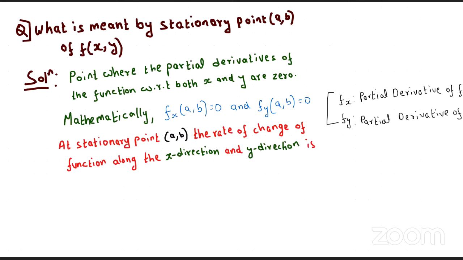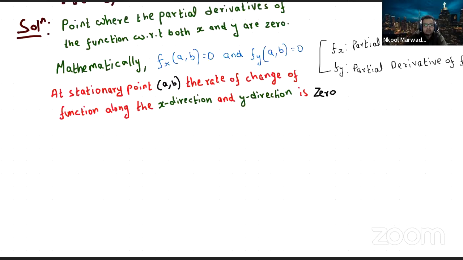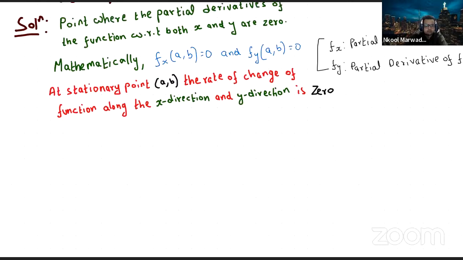Now, around the stationary point, three things can happen. At the stationary point, three things can happen, and that is what this is.